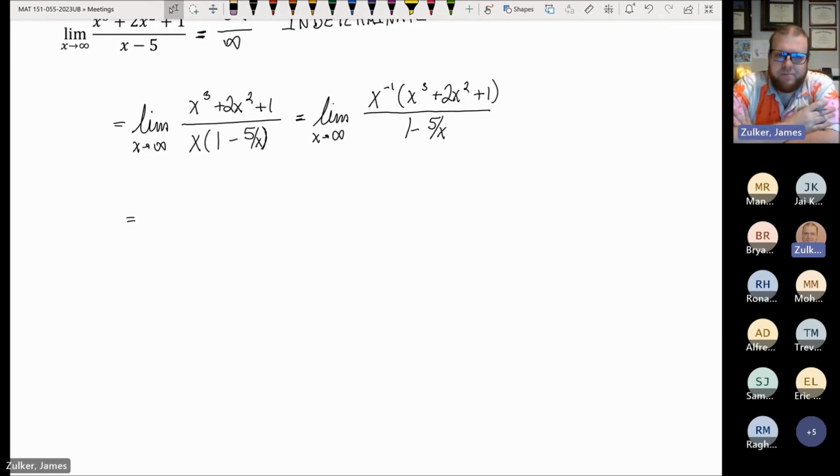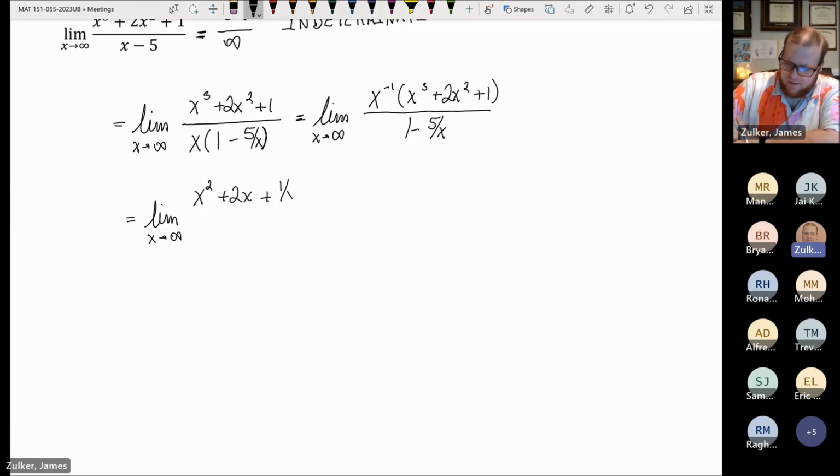Now distribute. We'll have x squared plus 2x plus 1 over x left in the numerator.